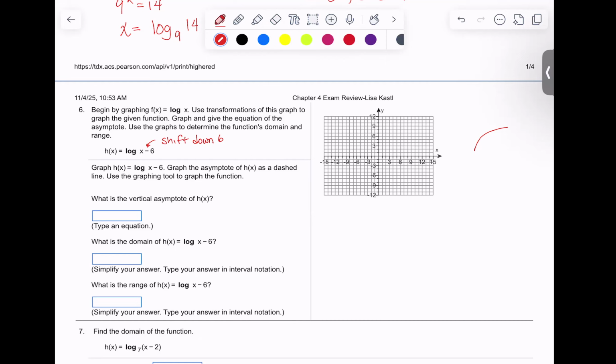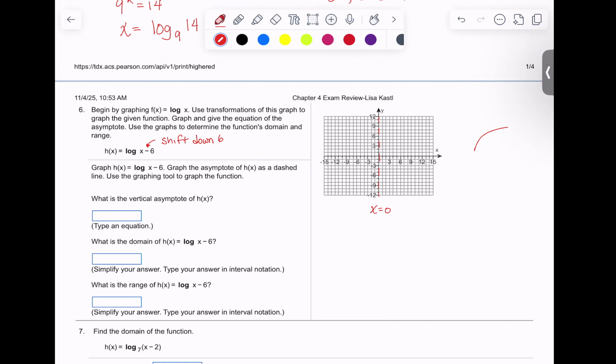Graph and give the equation of the asymptote. We're just shifting it down. So the asymptote's still going to be the y-axis. The asymptote for a logarithmic function is the y-axis. Unless you shift it horizontally, you're not shifting the asymptote. So the asymptote's going to be x is equal to 0.